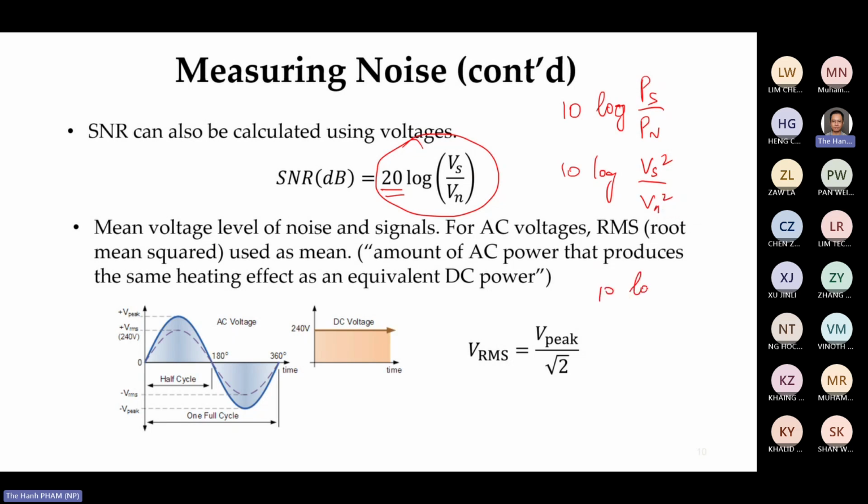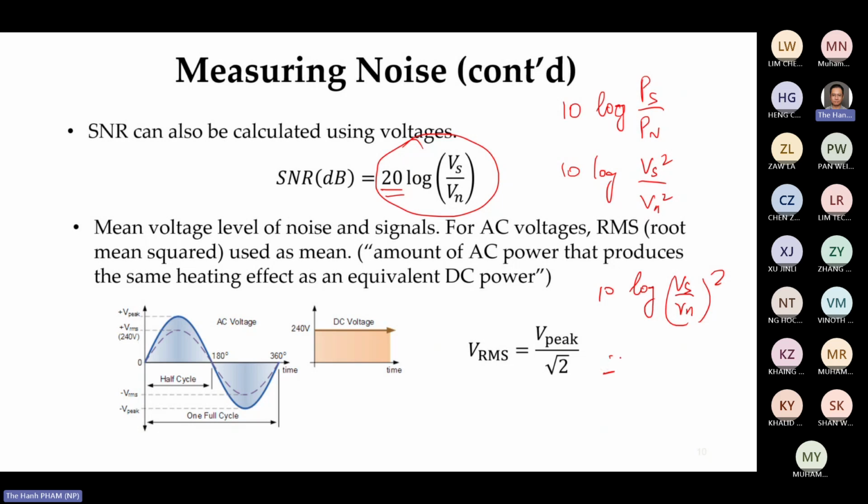And this one should be 10 log Vs over Vn squared. Right? And this one becomes, if you bring the 2 down here, you should have 20 log of Vs over Vn. Right? So that's why you can calculate SNR in terms of voltages.